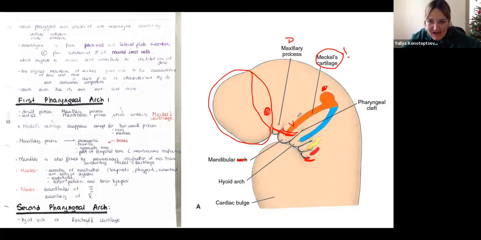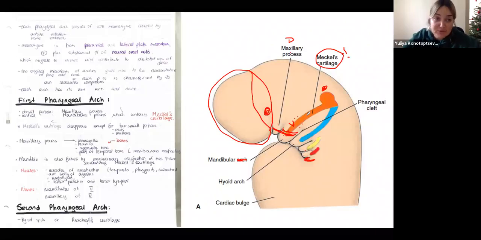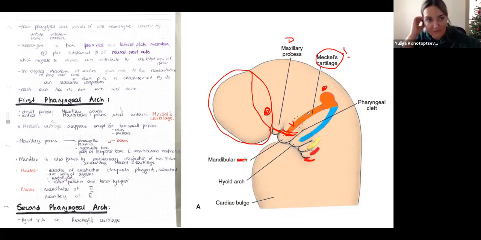The mesenchyme around the Meckel's cartilage differentiates and becomes osteoblasts. These osteoblasts start to secrete the osteoid, right? So the pre-bone itself. And they slowly start to deposit it on the surface of the Meckel's cartilage.